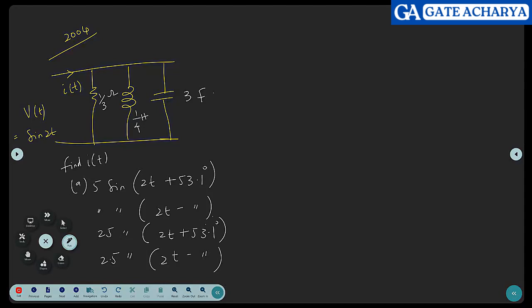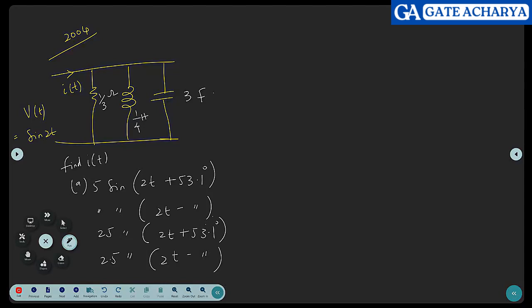How will you find this one? If you have parallel components, how will you find the net impedance? 1 by Z equal to? Yes, sir. Correct. 1 by Z equal to 1 by R plus 1 by XC plus 1 by XL.